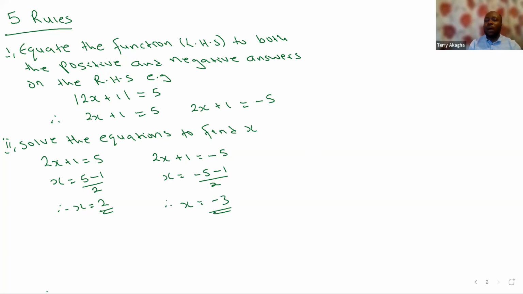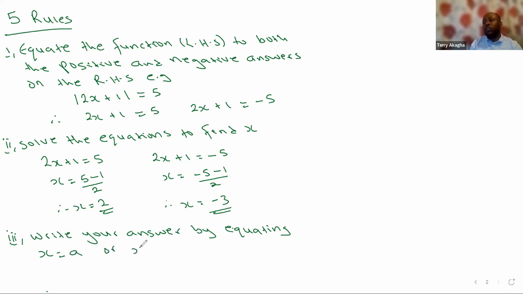Now, the most important part, step number 3, is that you have to write it in the general formula, or general way of expressing such answers. So you're going to write your answer by equating x to be equal to a, or x to be equal to minus a, okay?